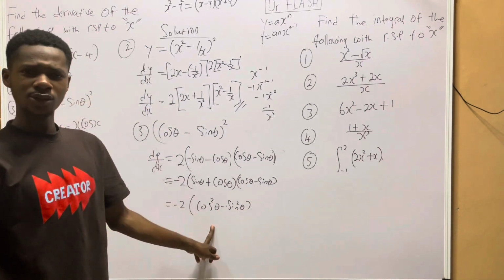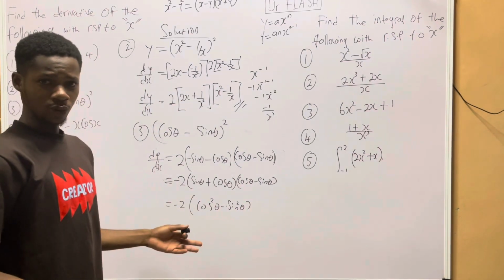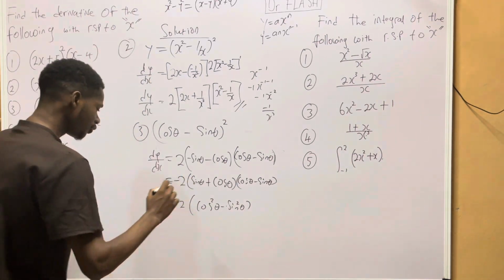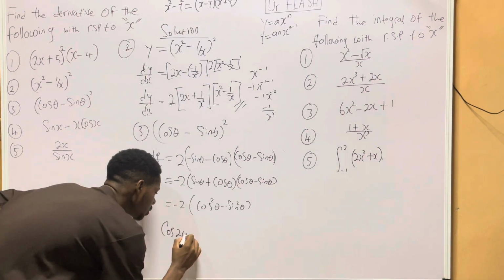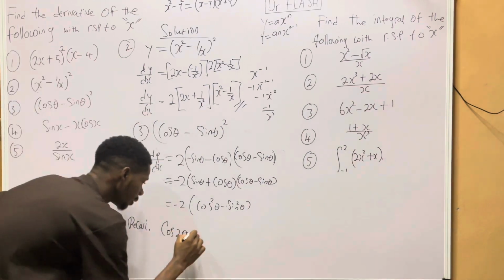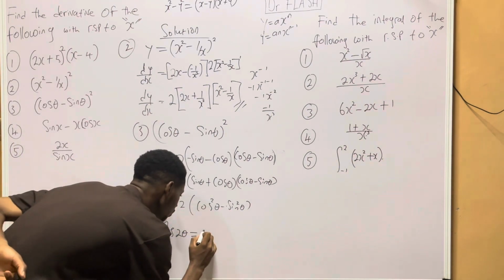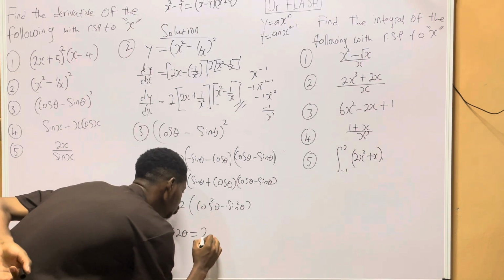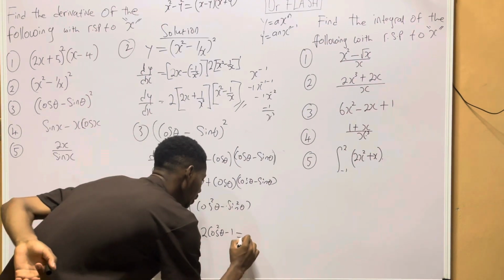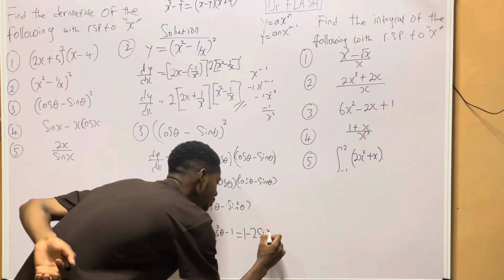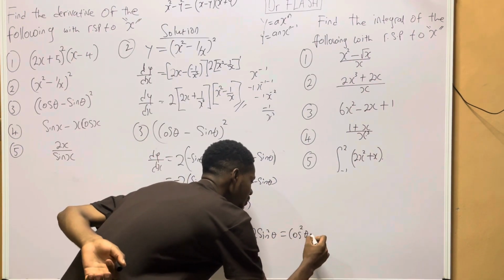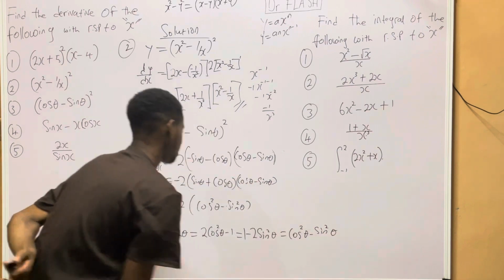Now saying cos squared theta minus sin squared theta, I think it should remind you of a very useful formula in trigonometry, okay? Remember that, I'm going to write, recall that cos 2 theta is equal to 2 cos squared theta minus 1, okay, and also equal to 1 minus 2 sin squared theta, and then it is equal to cos squared theta minus sin squared theta.